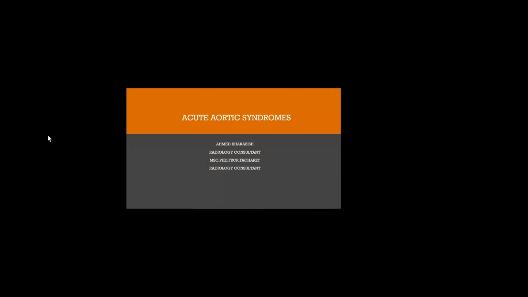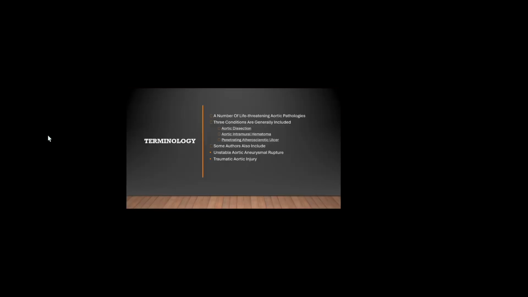So the focus of this presentation is the role of CT in imaging of acute aortic syndromes. I'll try to go through some terminology and what is included under this umbrella of pathologies.